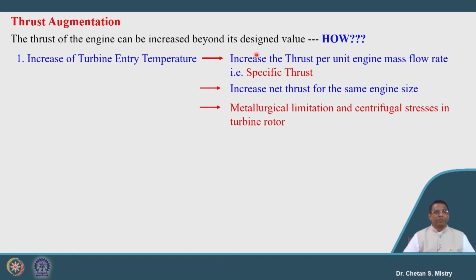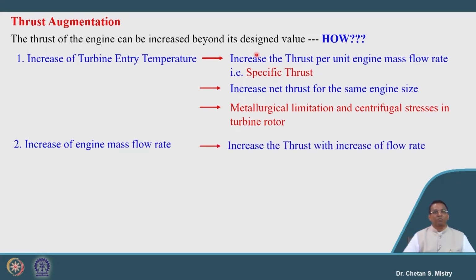Now from the thrust equation, this addresses my exit velocity V9. There is one more possibility we have: to increase the engine mass flow rate. If I increase the mass flow rate, that will increase my thrust. If you recall, we were discussing the performance parameters in terms of change of mass flow rate.